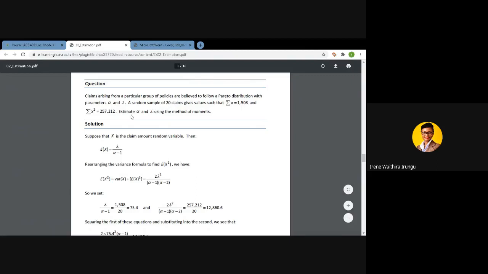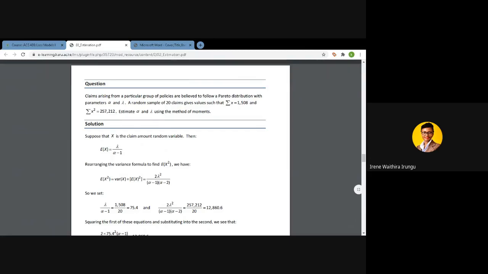So in this case, you're guided to estimate alpha and lambda using the method of moments. Even if this statement was not here, by the fact that you're given the summation of x and the summation of x squared, it should tell you that you can apply the method of moments.